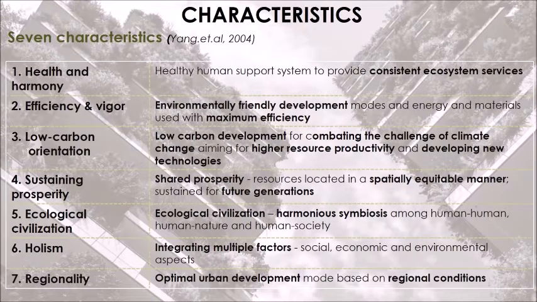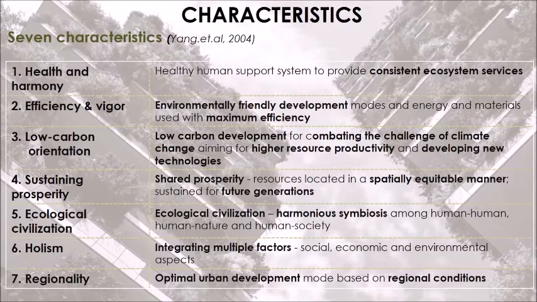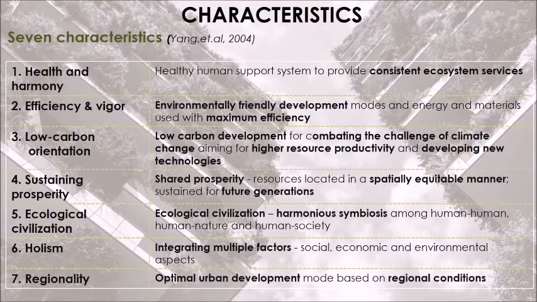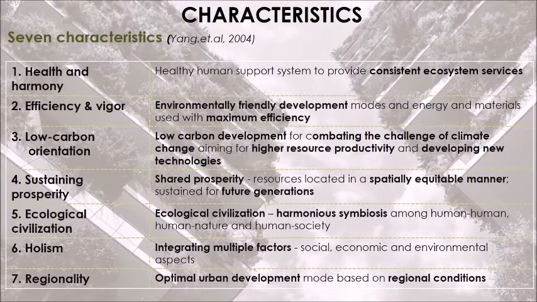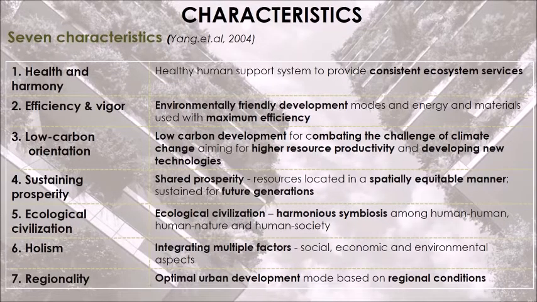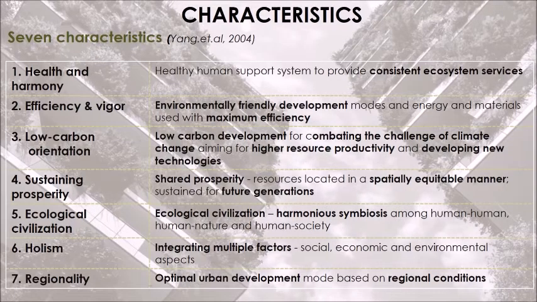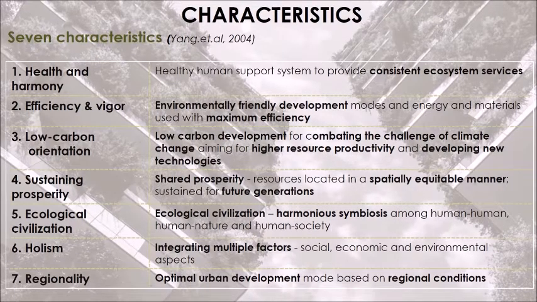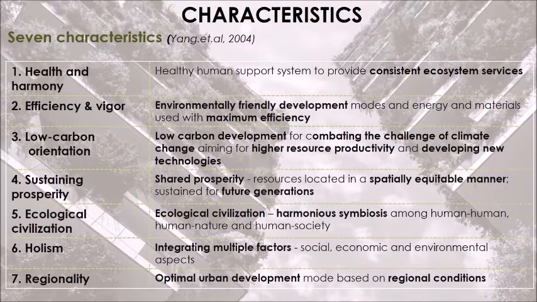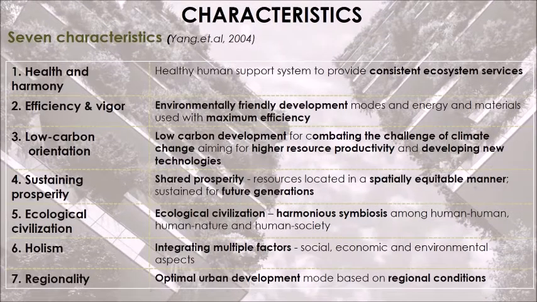The sixth is holism, that is a more holistic perspective, integrating multiple factors, that is social, economic and environmental aspects. And the seventh is regionality, that is optimal urban development mode based on regional conditions.